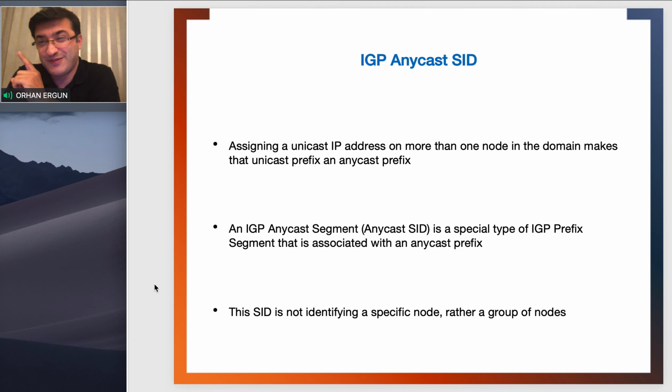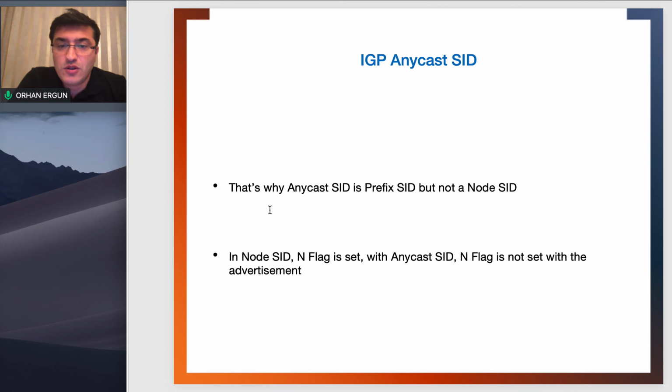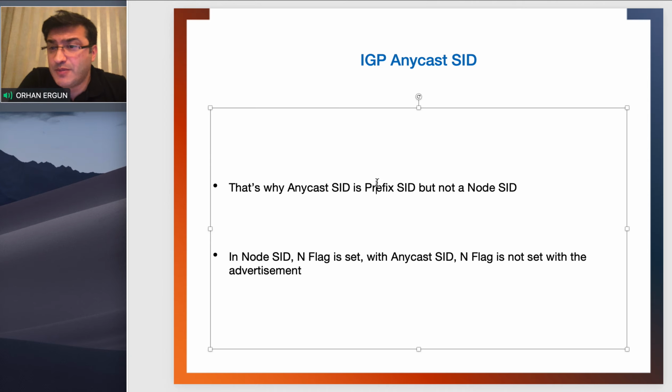So prefix SIDs are for the entire device. Adjacency SIDs are unique, maybe at the interface level or node level. Interface level is more granular, of course. That's why an anycast SID is a prefix SID, but not just for a single node. It is for groups.